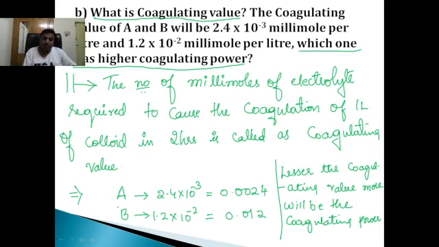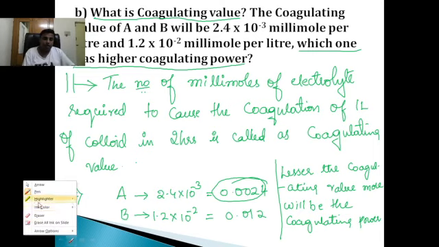So among A and B, which one has the lowest coagulating value? So it is A. A has the least coagulating value, hence more coagulating power. So lesser the coagulating value, more will be the coagulating power. So A has lesser coagulating value, therefore it has more coagulating power.